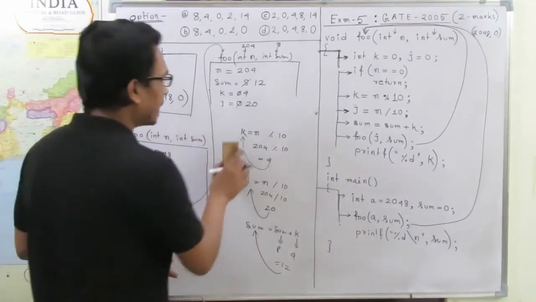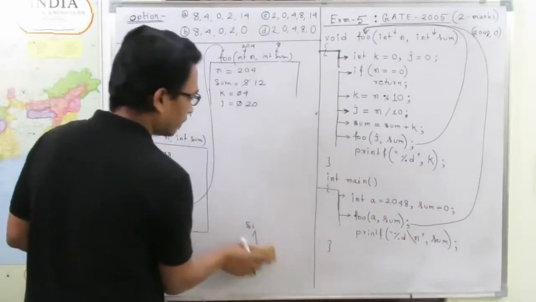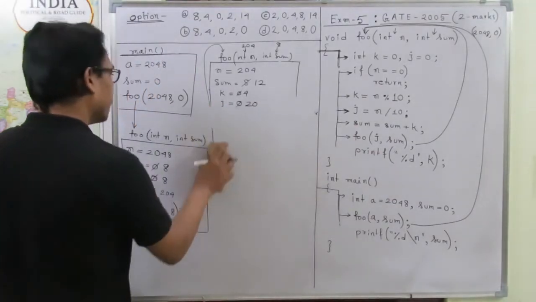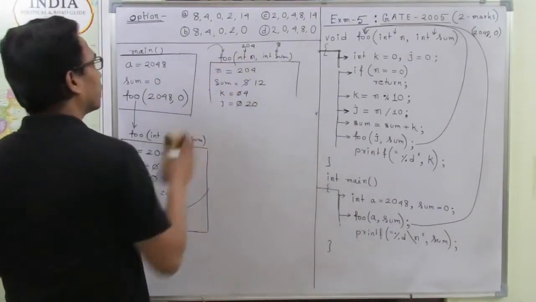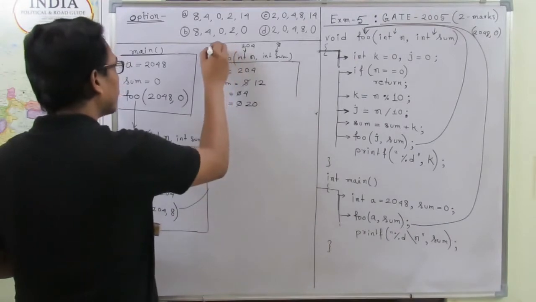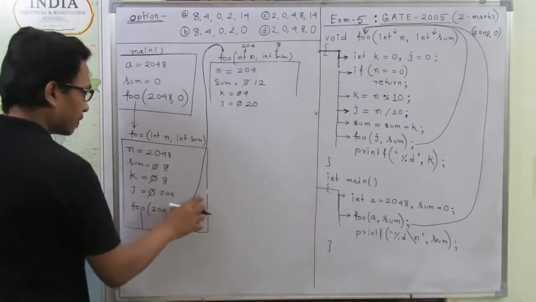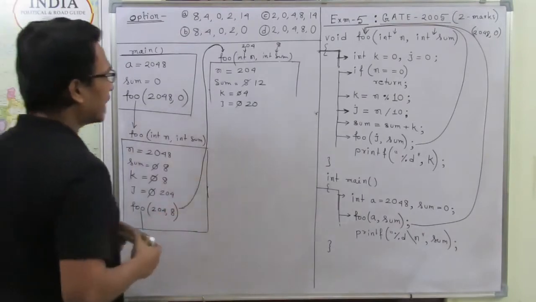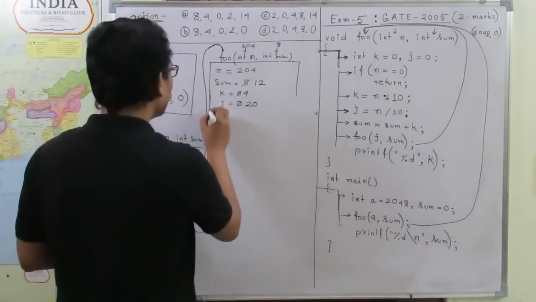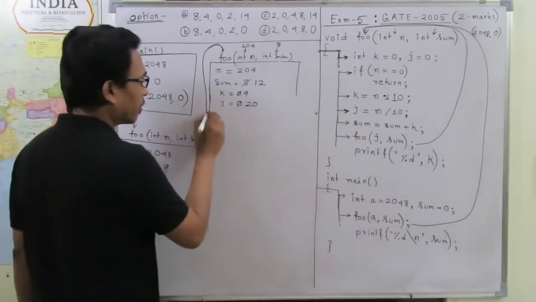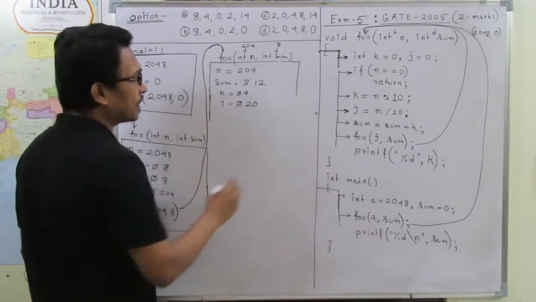What is the next instruction? The next instruction is again foo. Again we are calling foo from this particular foo instance.